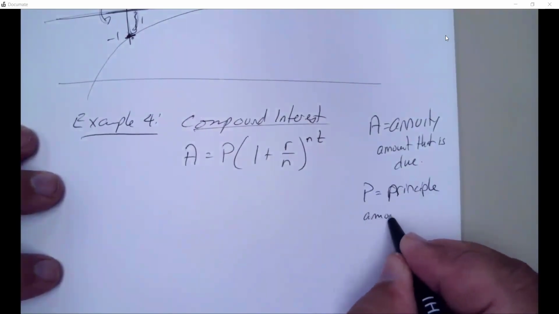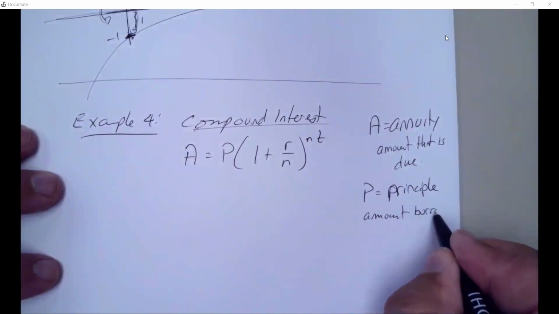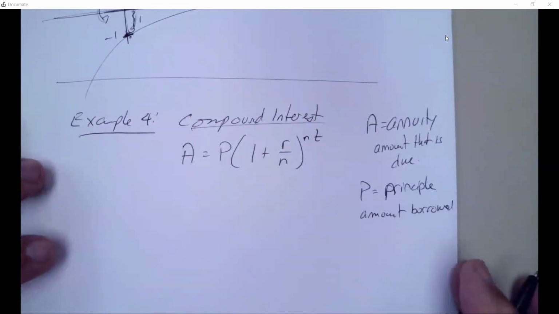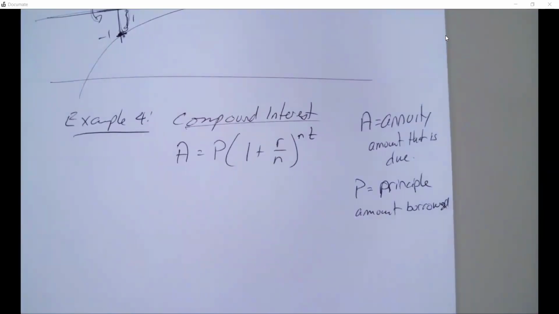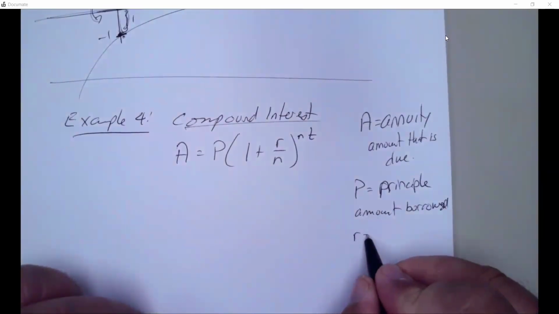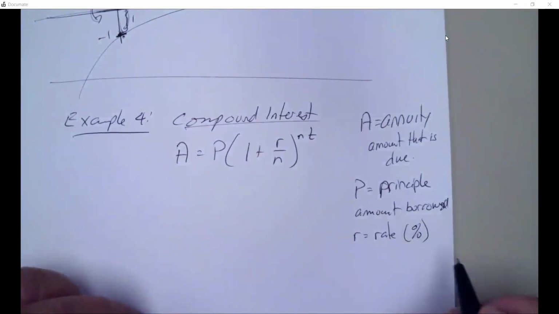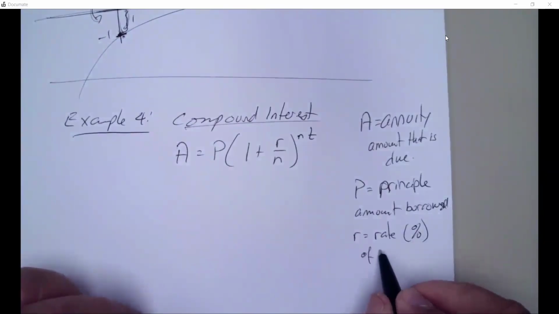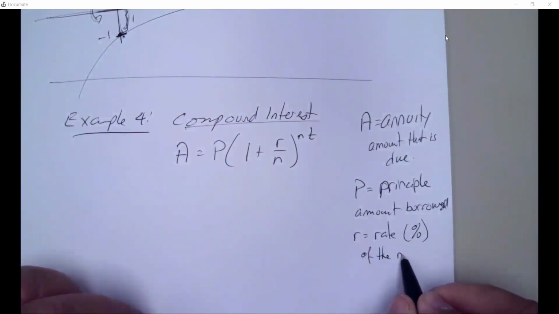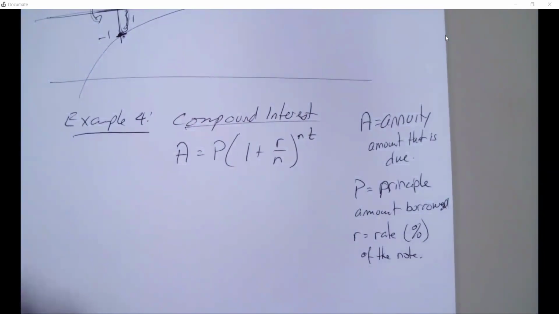That's the amount borrowed. R is the rate in percent converted to decimals of the note. It's always a decimal.